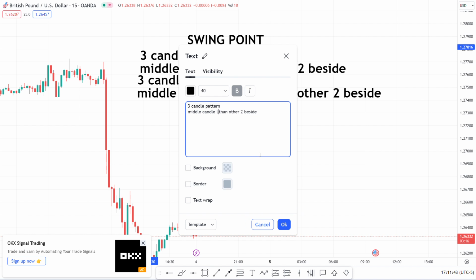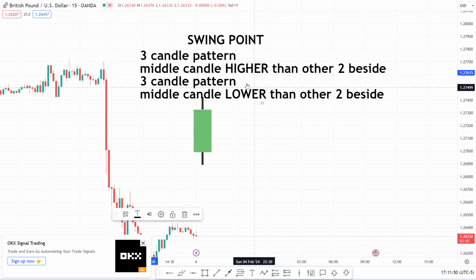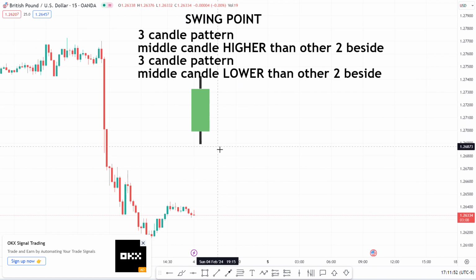No, this one's higher. So it's a three candle pattern with the middle candle being the extreme.